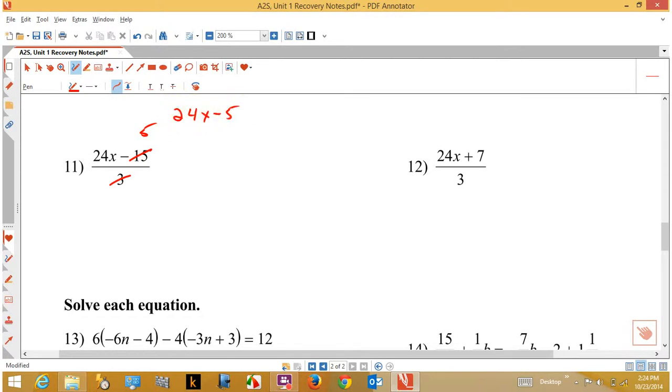But that's not correct. Because what you really have here is 24x minus 15 divided by 3. Well, the numerator is in its own little implied parentheses. And so if you take 15 divided by 3, which is what you did over here, you're actually violating order of operations. So you cannot do that. That is totally wrong.